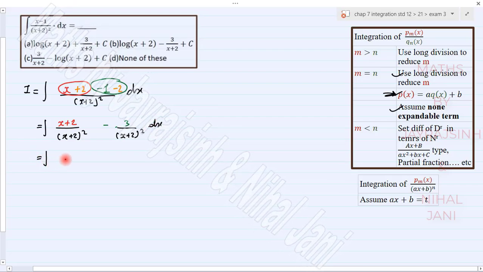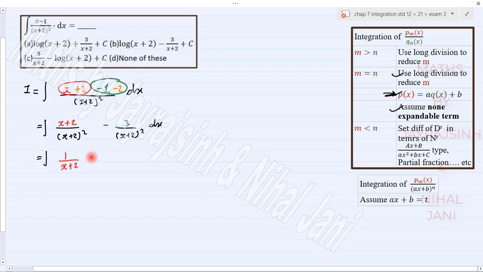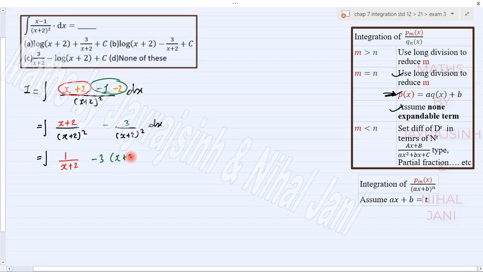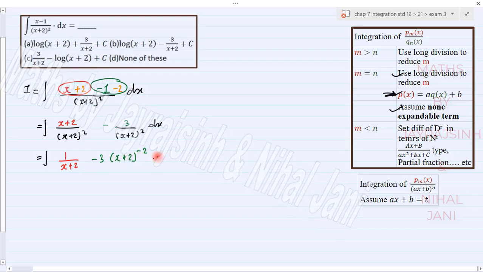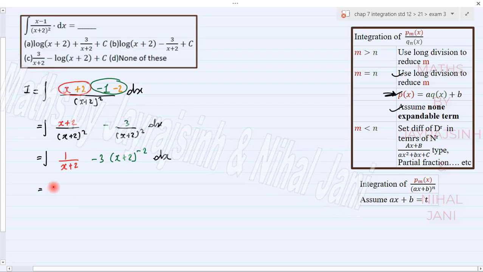So in further simplification, we will get 1 upon x plus 2 in the first term and minus 3 (x plus 2) whole raised to minus 2 in the second term. So we are ready for integration.